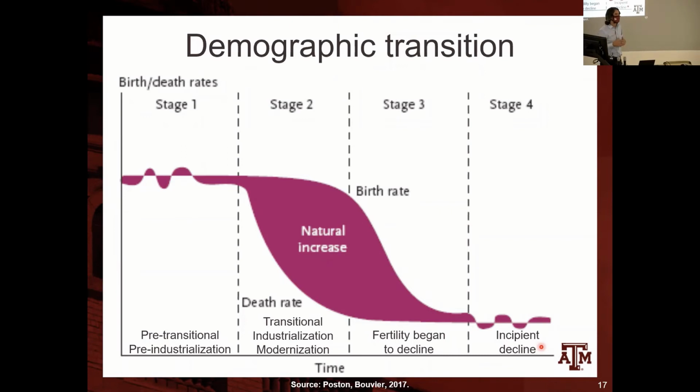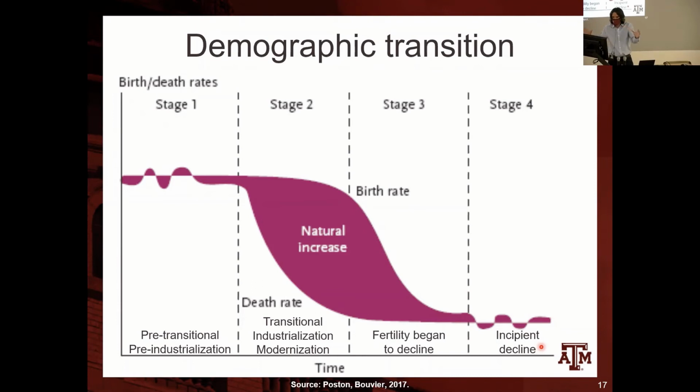A more in-depth discussion about the demographic transition we will have when we go back to chapter 2, theories of demography. In that chapter, we're going to go more in depth about the demographic transition, and also talk about specific theories, specific groups of explanation about changes in fertility, mortality, and migration.